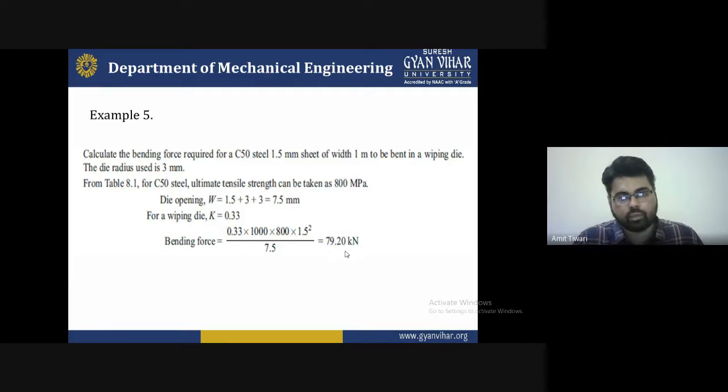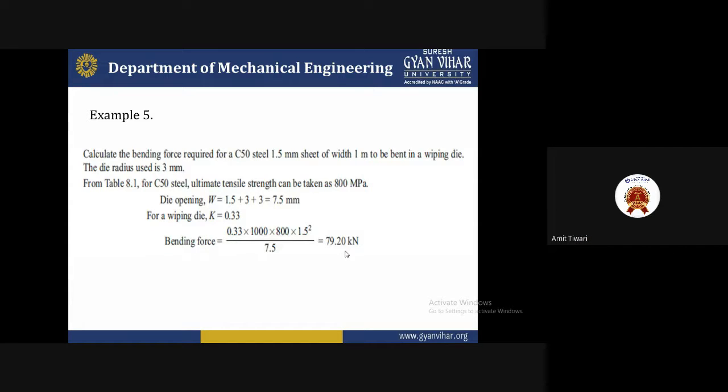There are some conditions given. It is the simplest numerical, and you can find the bending force in an easy way for that steel. It depends on just a few terms, the number taken and the ultimate tensile strength.